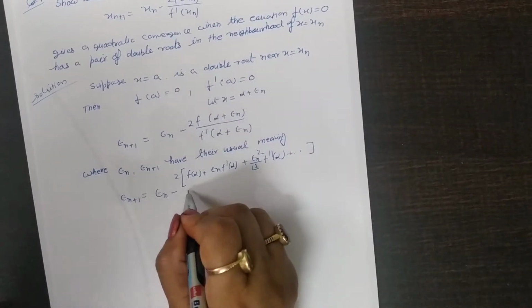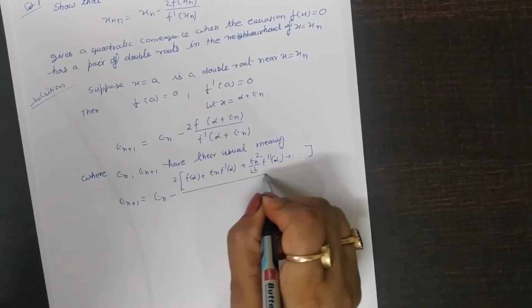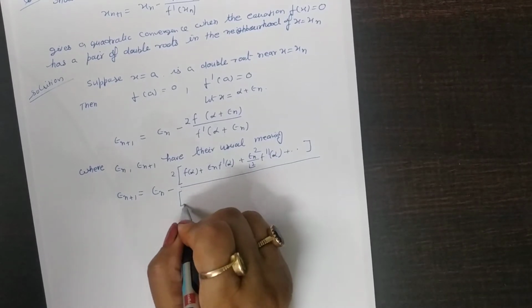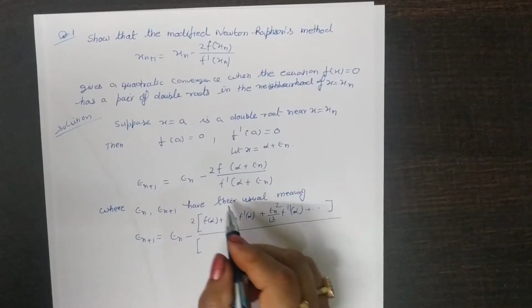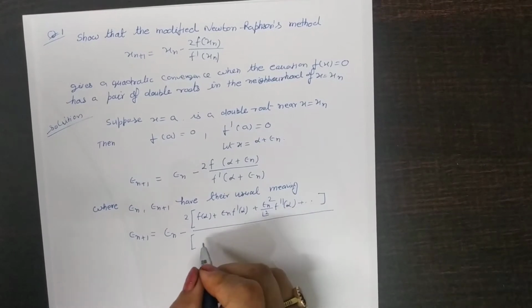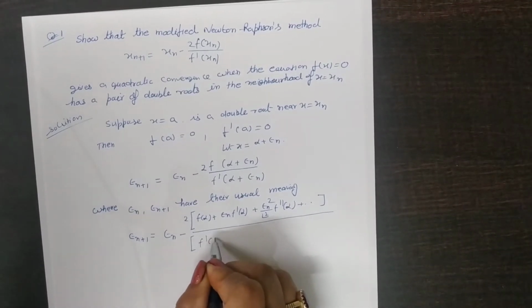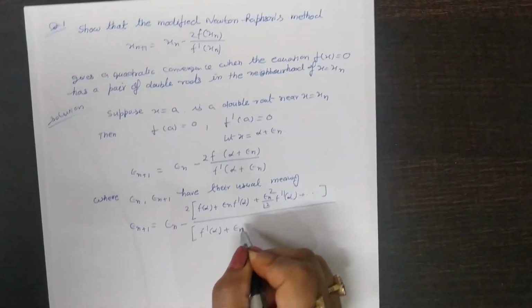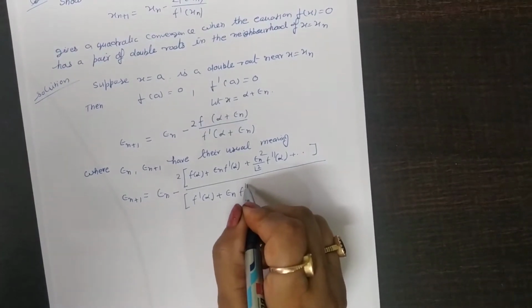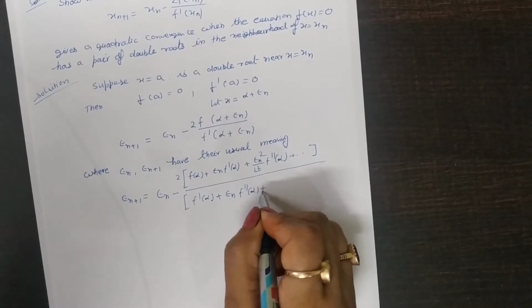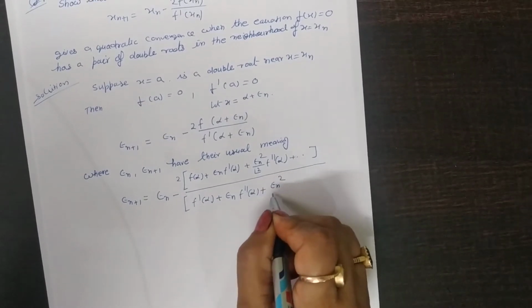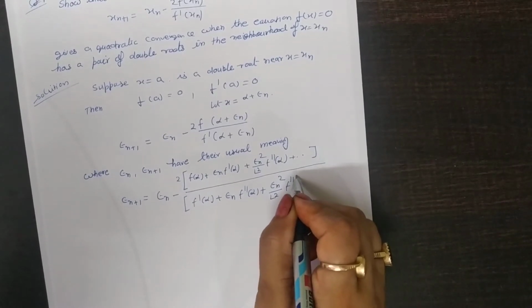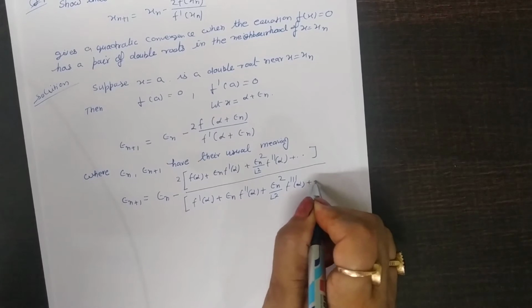Similarly in the denominator, you start from f'(alpha) + epsilon(n) f''(alpha) + epsilon(n) squared by factorial 2 f'''(alpha), and so on.